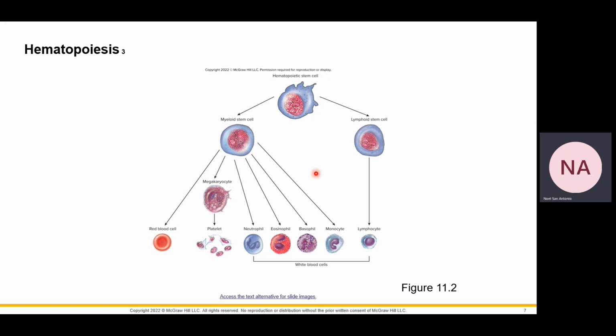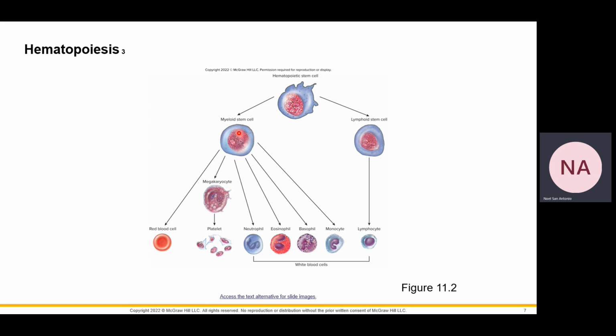If the cells primarily affected are those that come from the lymphoid stem cell, it's called lymphocytic leukemia. If the cells that are affected are those that originate from your myeloid stem cell, then that is called myelocytic or myeloid type of leukemia.